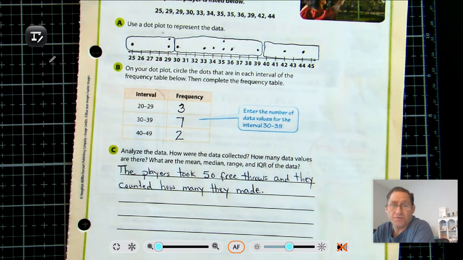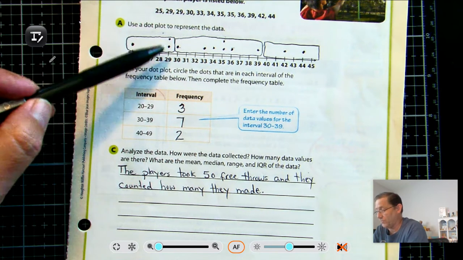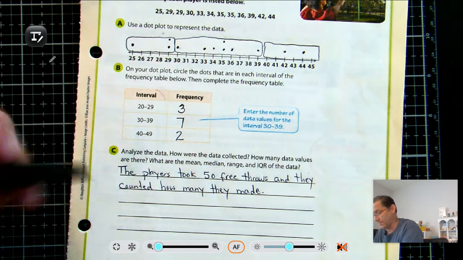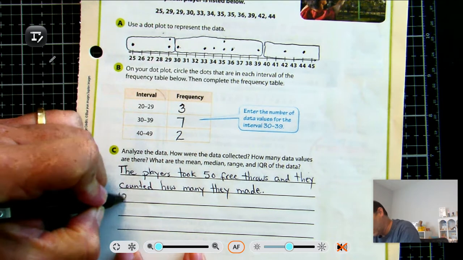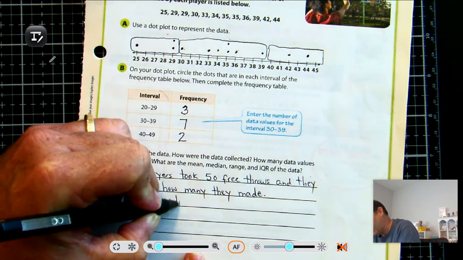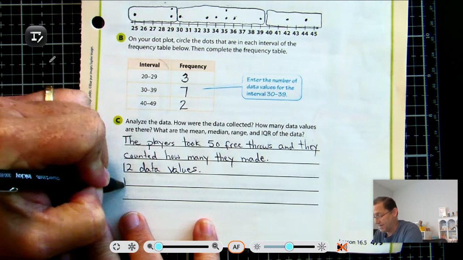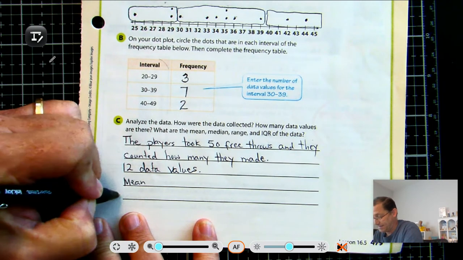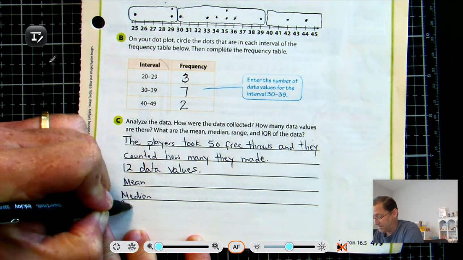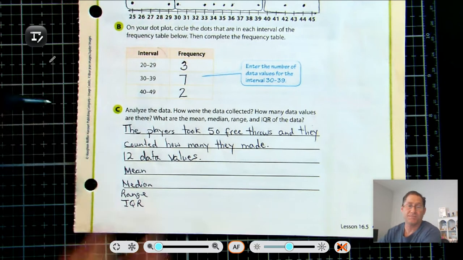How many data values are there? There's 12. Okay, so 1, 2, 3, 4, 5, 6, 7, 8, 9, 10, 11, 12. And it wants us to find the mean, the median, the range, and the interquartile range.